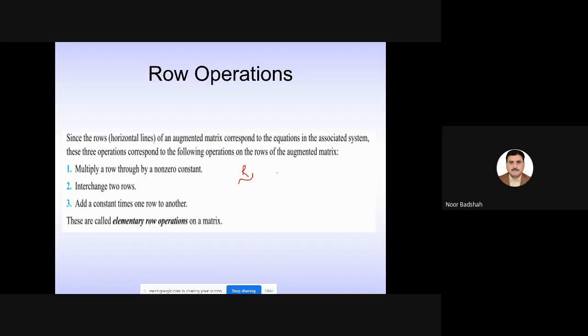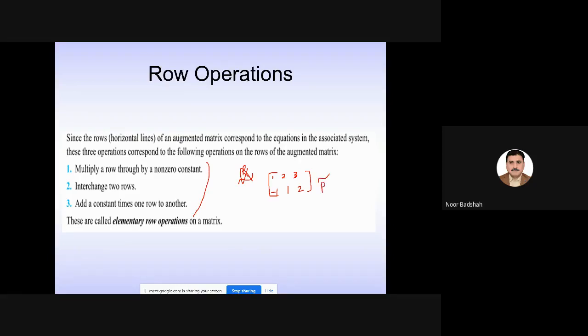For example, if you have a matrix like this one, 1, 2, 3, and you apply any of these three row operations, you may interchange any two rows or whatever. So we write that operation here.